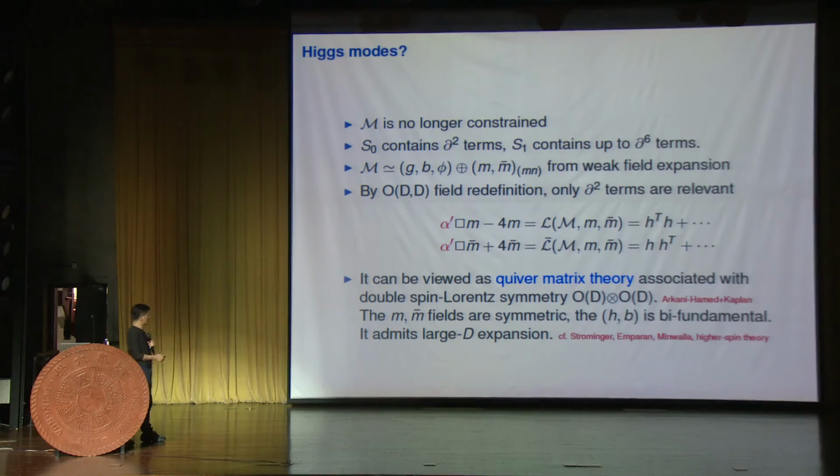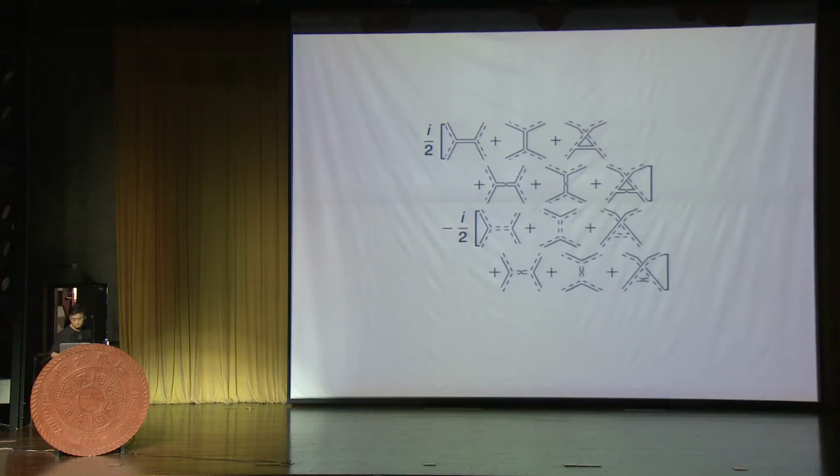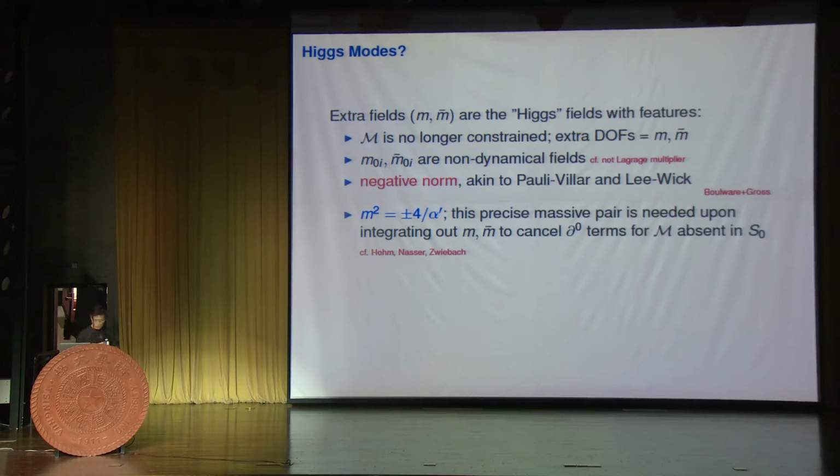So I believe it has some potential application in taking the large D limit of gravity in the context of double field theory. For example, Strominger studied this many decades ago, and there is recent work by Emparan and, as we heard this week, Minwalla, so one might have some application here. And indeed, the higher spin theory, as I first envisaged some time ago, was actually along this direction of enlarging the dimensions. Okay, I think I have to hurry up.